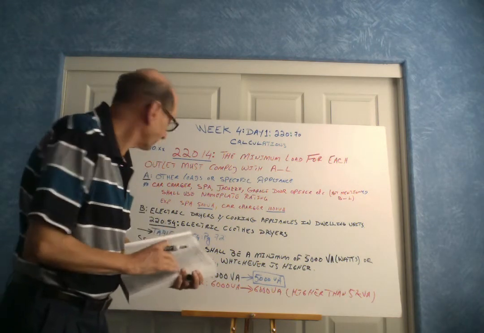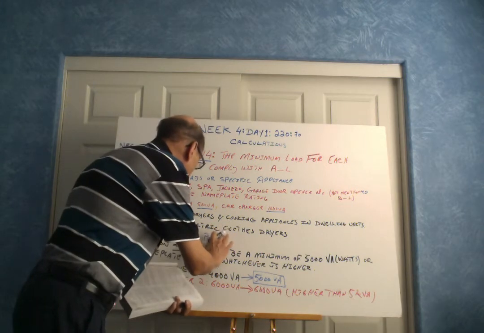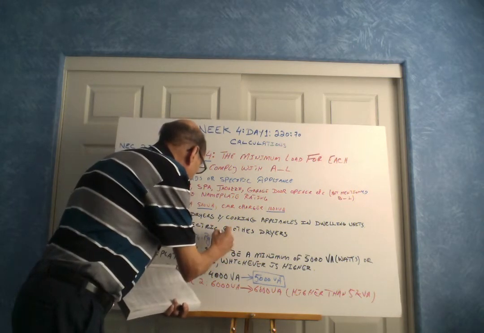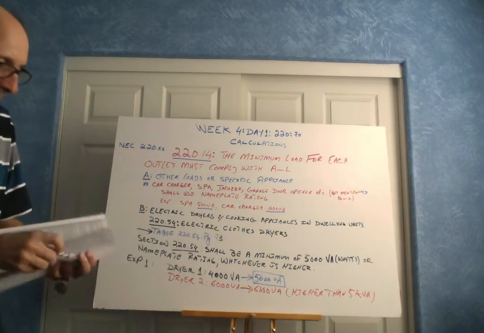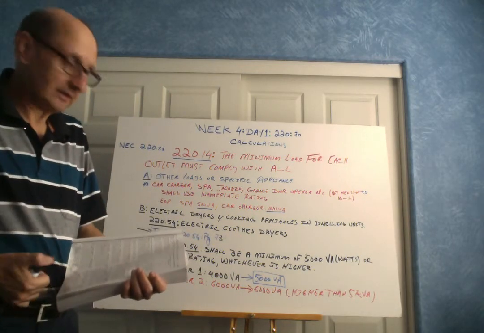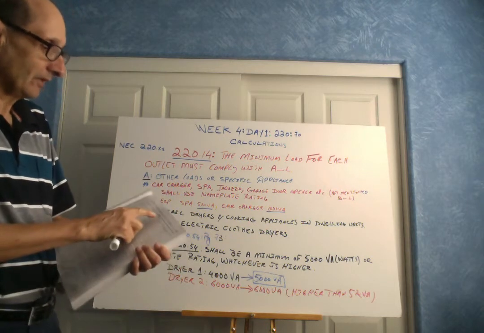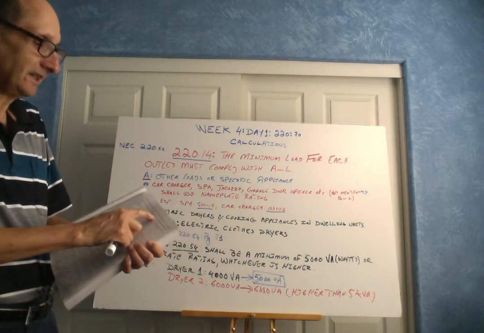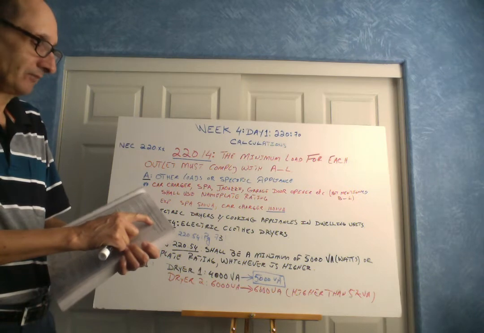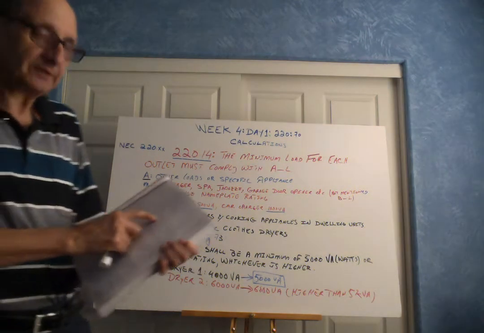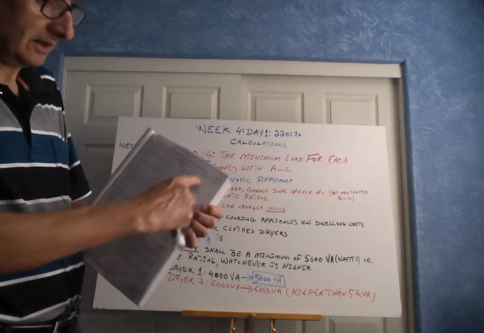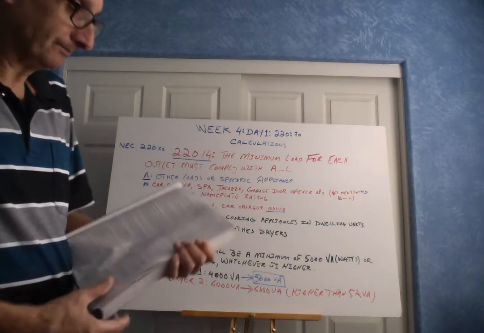So table 220.54, page 73, on your upper right corner: demand factors for household electric clothes dryers.